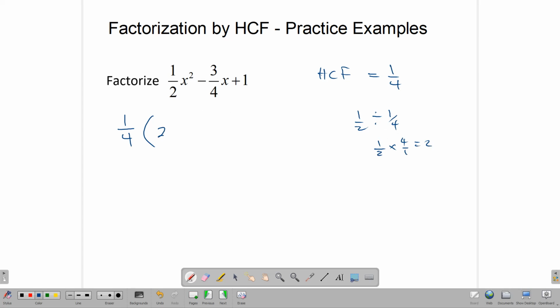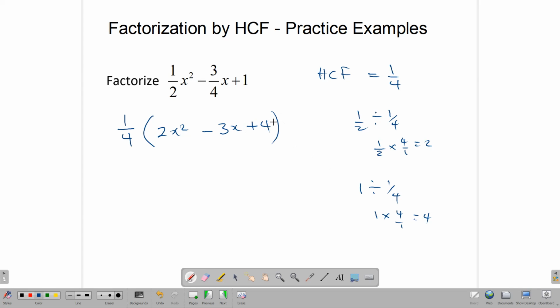So this is going to give us 2x squared minus 3/4 divided by a quarter, which gives us minus 3x. And 1 divided by a quarter at the end gives us 1 times 4, which is 4. So we get 2x squared minus 3x plus 4.